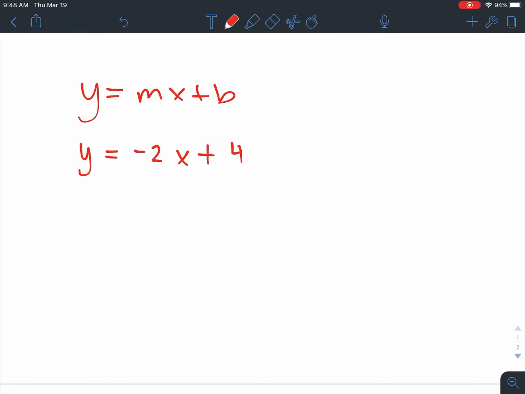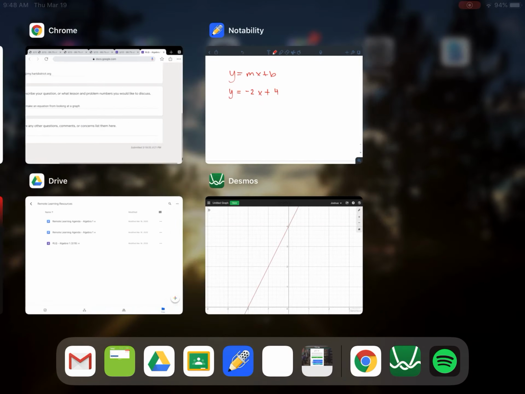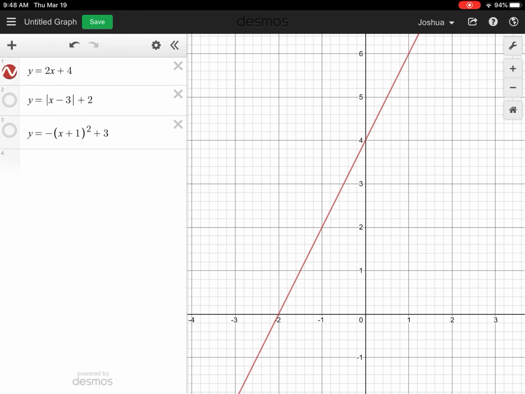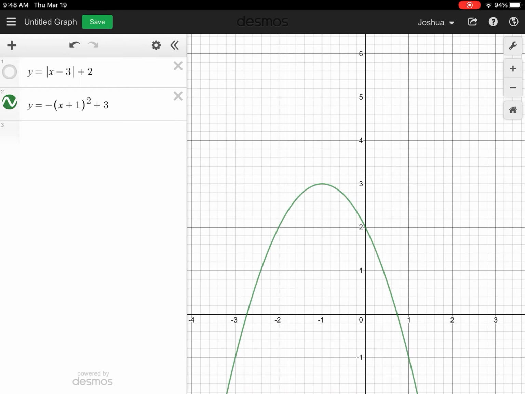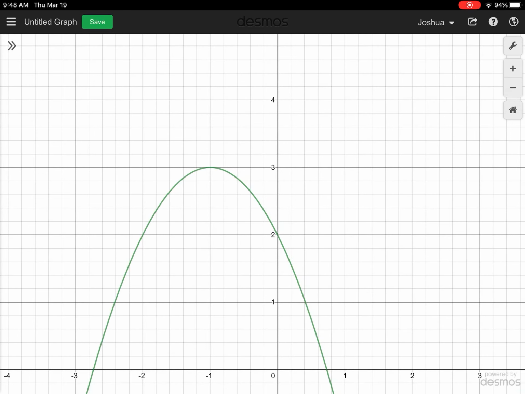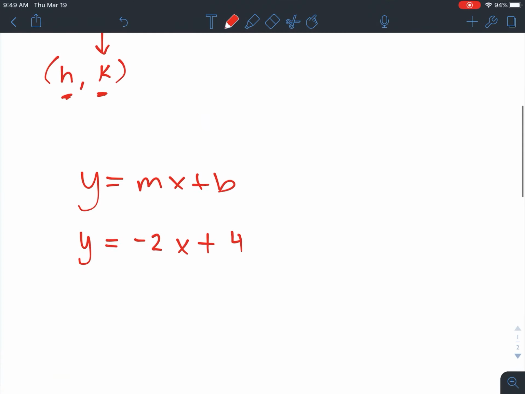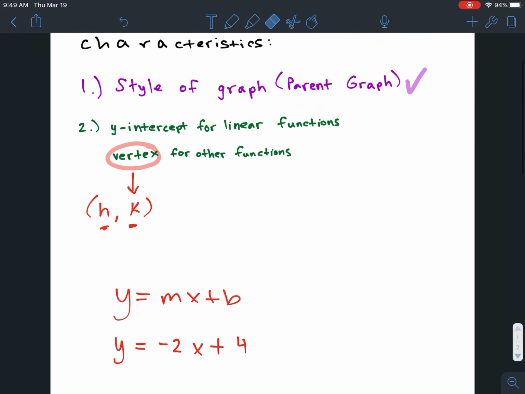All right, next function. Just look at this one. Okay. We can see here that this is a downward-shaped U, so this is one of our parabolas or our quadratics. So the very first thing that we wanted to do was identify the style of the graph.